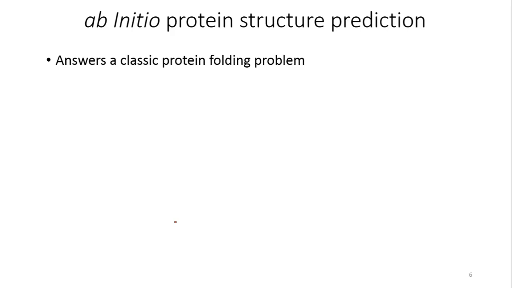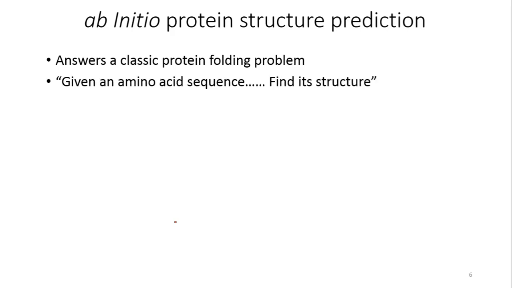What exactly is the protein folding problem? It can be stated as: if you have been provided with the amino acid sequence of a given protein, will it be possible for you to find its structure? Will it be possible for you to figure out how that protein would fold? This is called the protein folding problem.